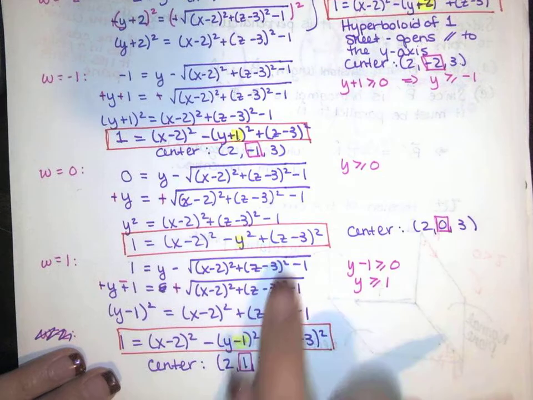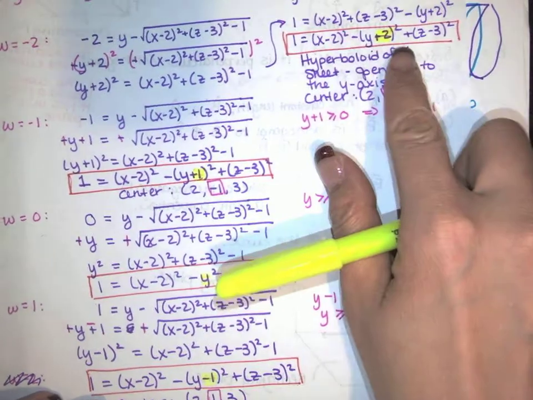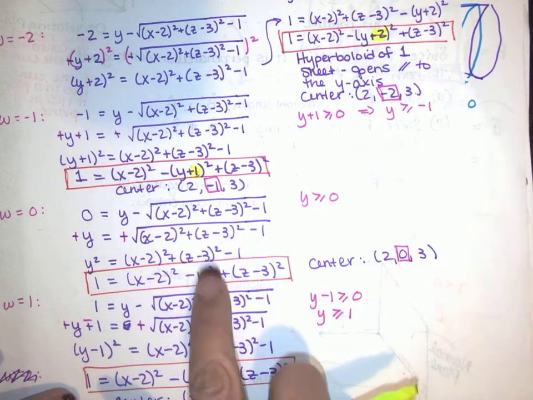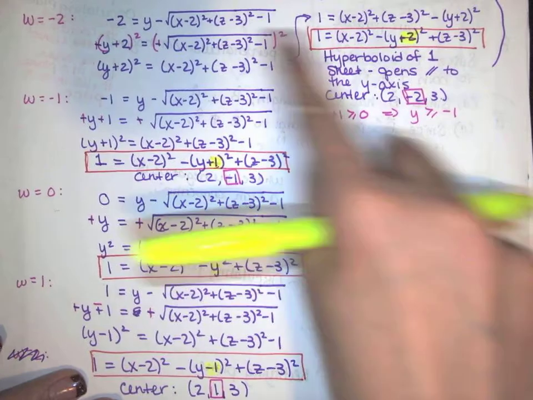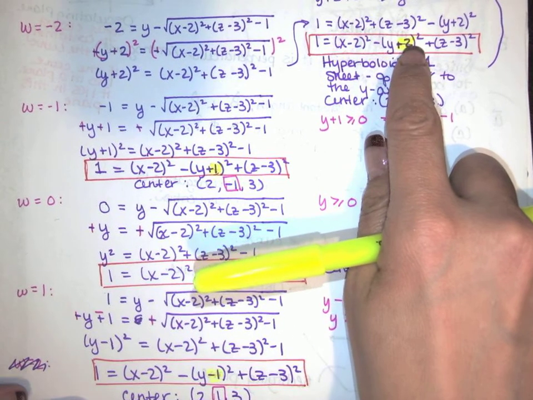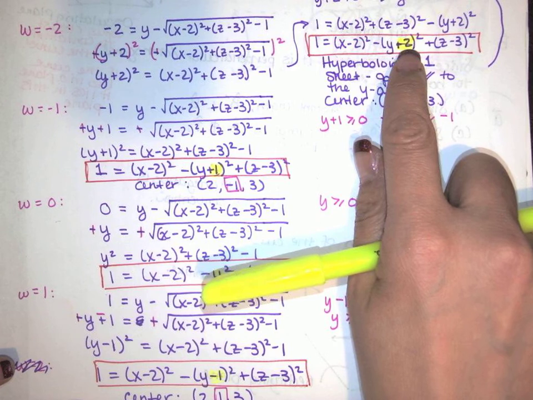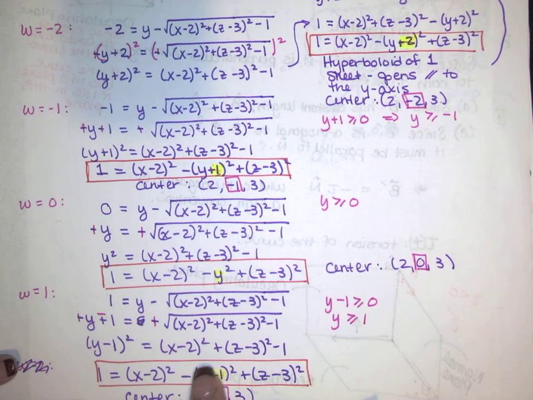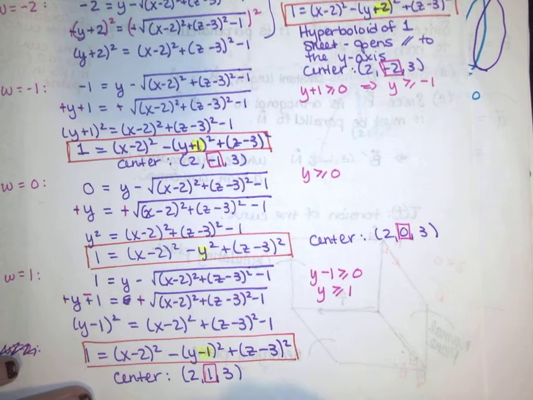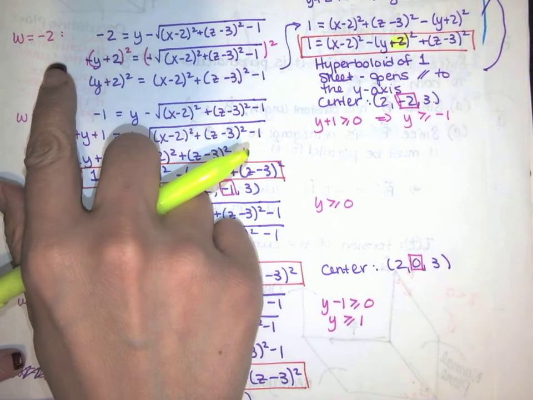So these shapes are exactly the same shape, but we are adding or subtracting something new from the y every time. As w increases, this value that we're adding to the y decreases, actually. Or alternatively, we can think of it this way.